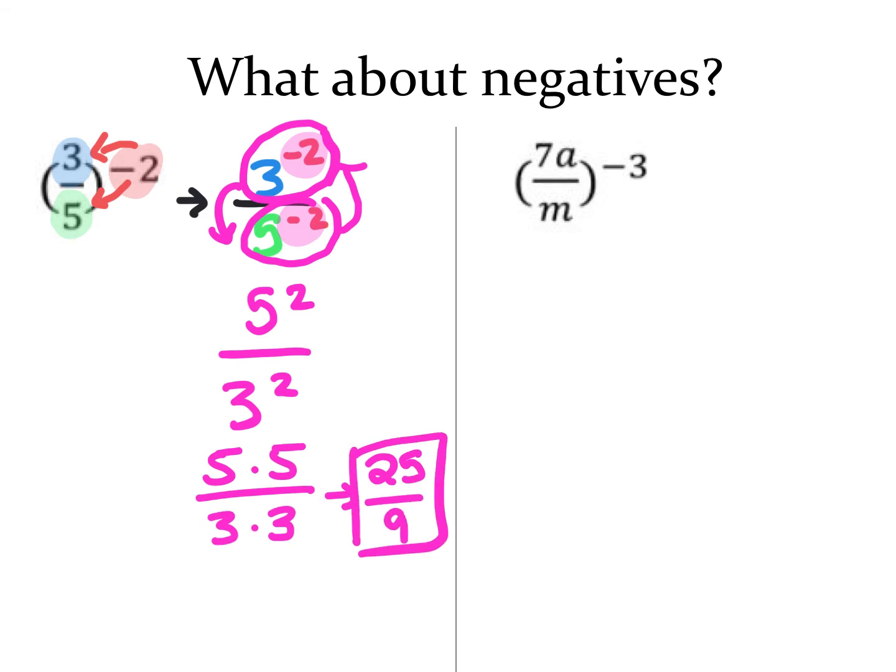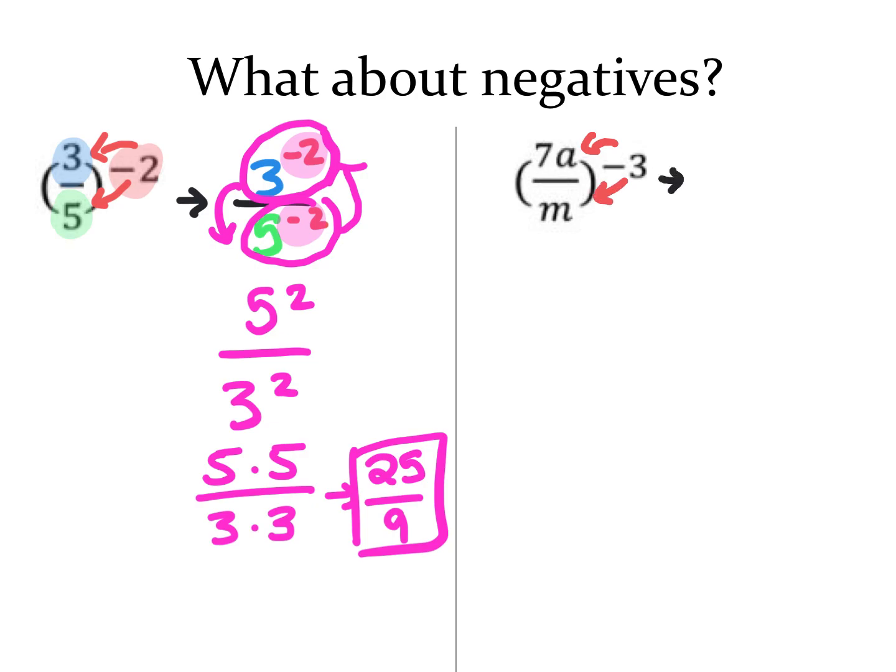Now had we wanted to flip this originally, because I had this negative 2 as an exponent, I could have rewritten it as 5 over 3 and gone through this process, but it requires us to identify that negative a little bit sooner. And in the last example, we're going through the same process with exponents, where I will distribute the exponent of negative 3 to the numerator and the denominator.